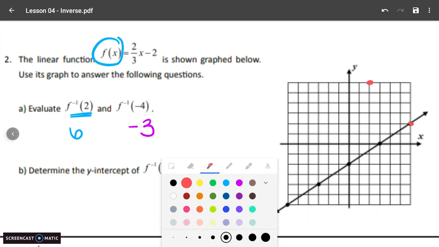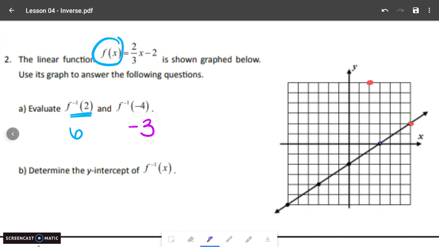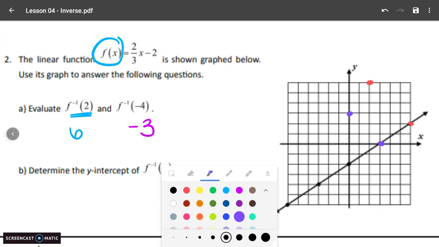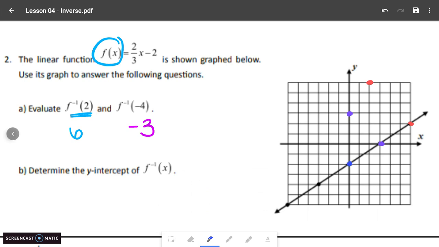If I do it again for this point here, this point was originally 3, 0. So now it's going to be at 0, 3. This point was at 0, -2. So now we're at -2, 0.